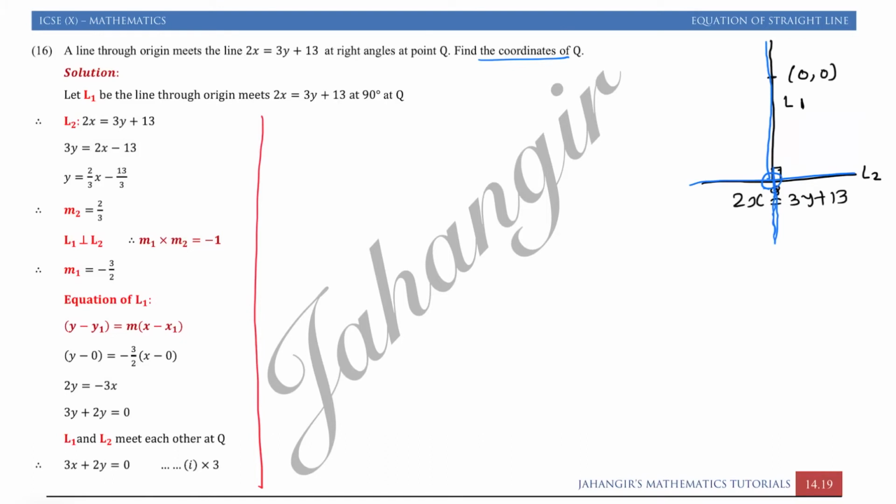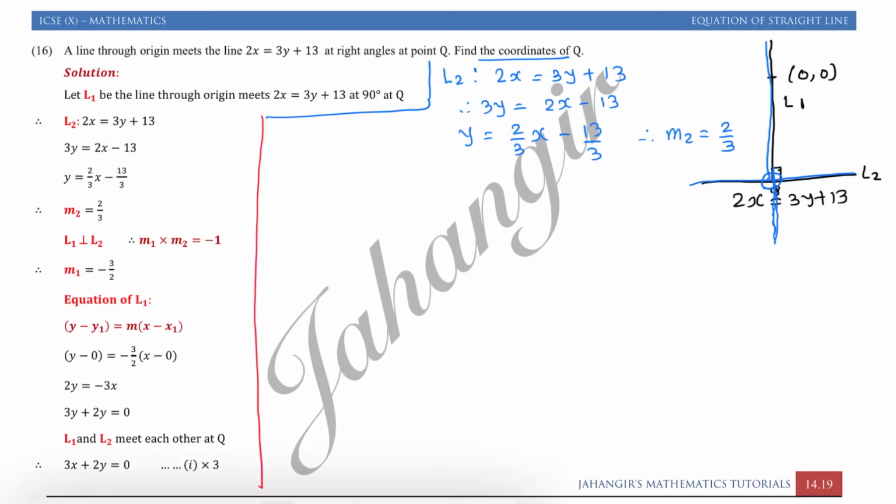So to find the equation of L1, we need to find the slope of L1. And the slope of L1 you can get from the slope of L2. So L2 is given as 2x is equal to 3y plus 13. So therefore 3y is equal to 2x minus 13. y is equal to 2 by 3x minus 13 by 3. So therefore M2 is equal to 2 by 3.